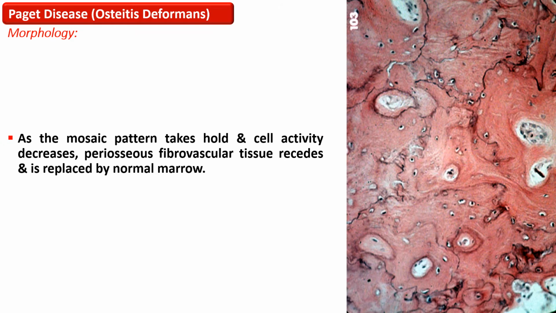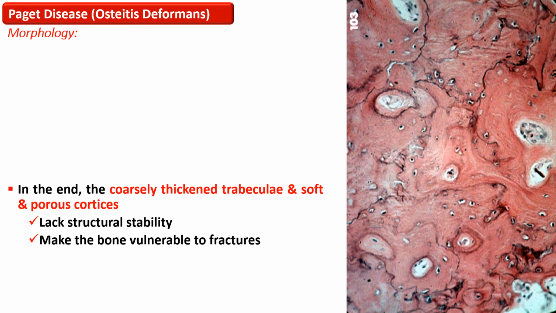As the mosaic pattern predominates, the cellular activity is diminished, periosseous fibrous tissue moves back and normal marrow is restored. Finally, the result is coarse, thickened trabeculae and soft porous cortices. These are a caricature of the normal bone, and this caricature lacks structural support and hence is at risk of fracture.